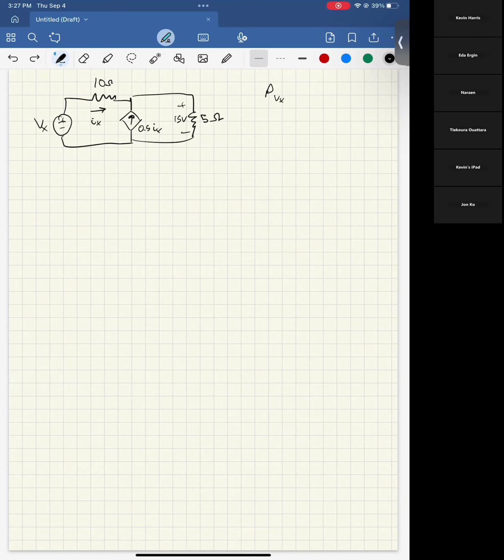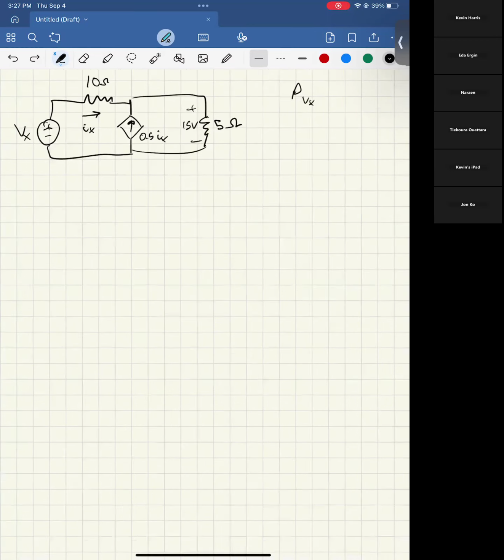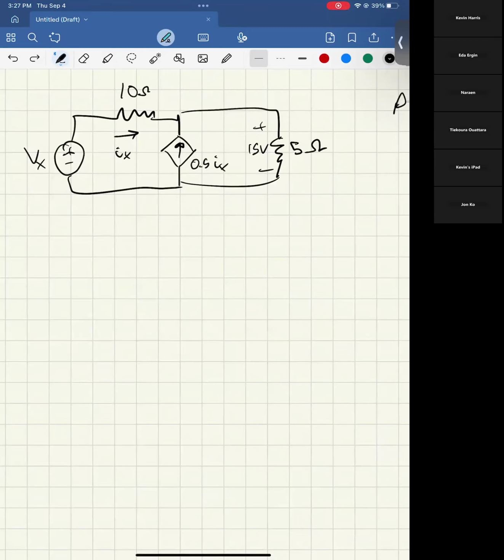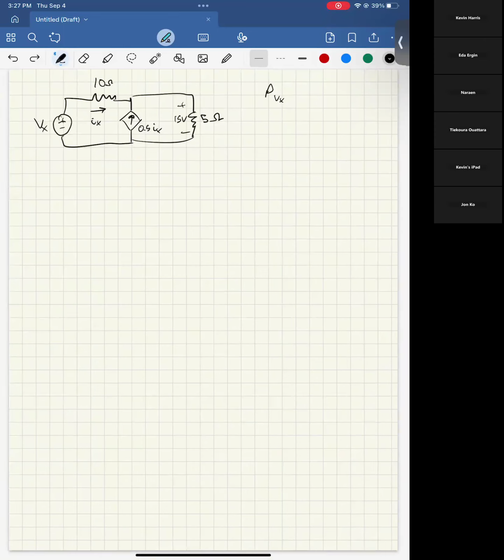Okay, so to start with this, let's find out what information we know. I'll talk a bit more about how I think about this problem going in. We want to find the power of that voltage source, which means we both need to find its voltage and its current.